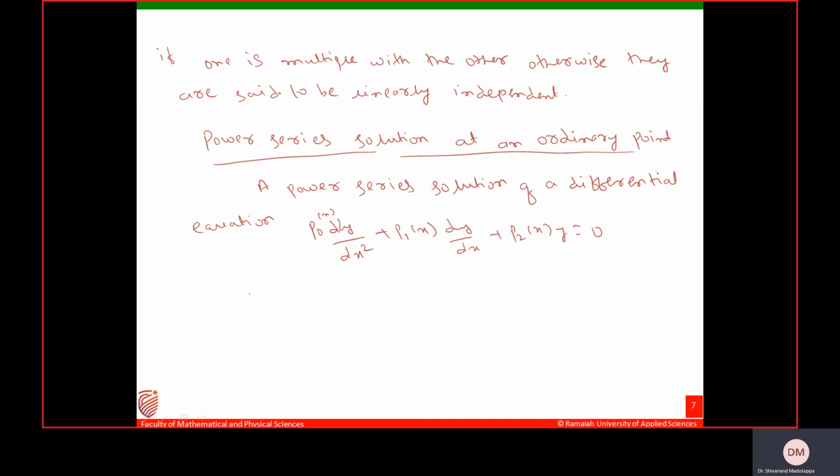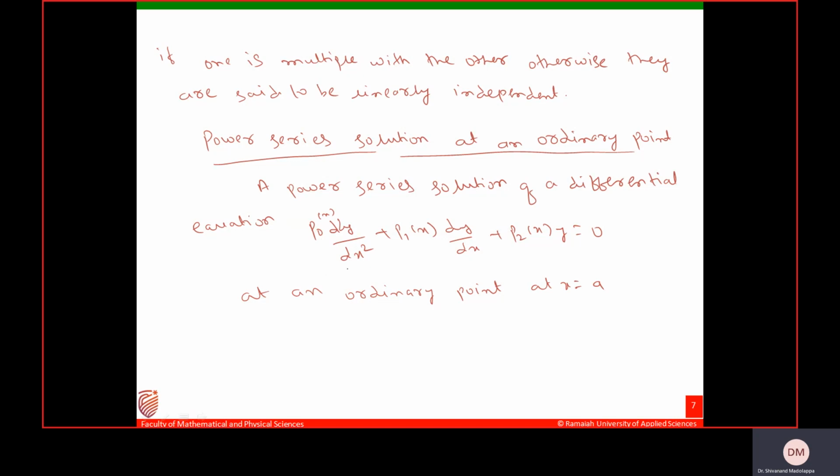At x is equal to a, an ordinary point means P naught does not vanish. And at x is equal to a, if P naught vanishes, then that is called a singular point.